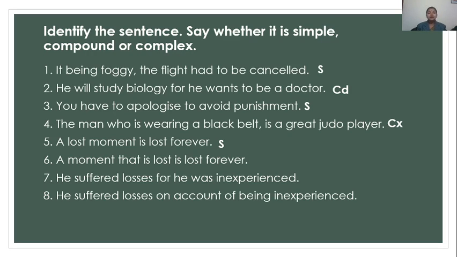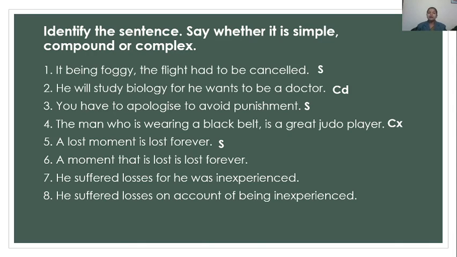Look at the next. A moment that is lost is lost forever. Here again, is lost. Two times it has come. There should be a comma in between after is lost. So, a moment is lost. As finites are two, so clauses are also two. Now, let's find out, are they independent or dependent?